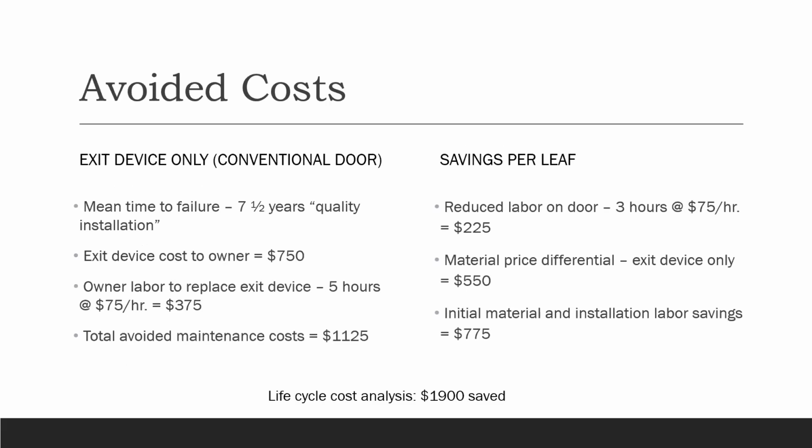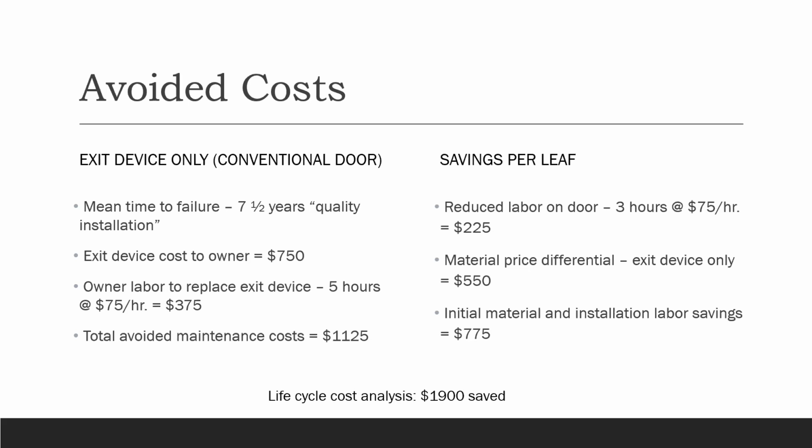Now I want to look at an example of avoided costs. I can really talk about advantages all day, but what does it mean if you don't use one? We're going to look at mean time to failure here. How is that calculated? This is typical for computers or software, and they calculate mean time to failure as when 50% are still working and 50% are not working.